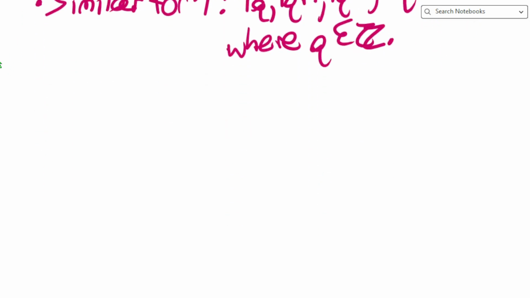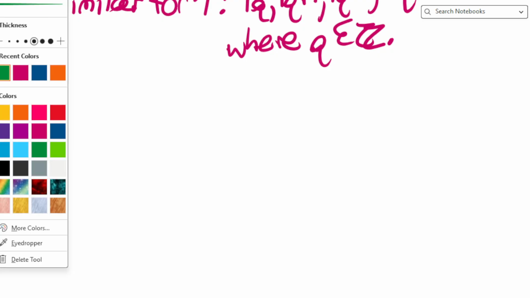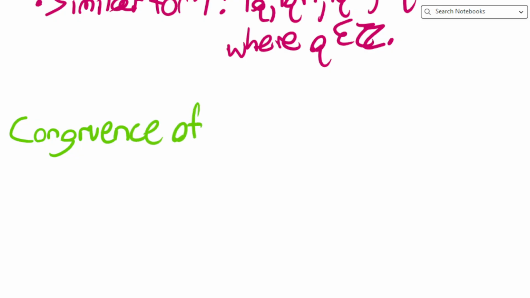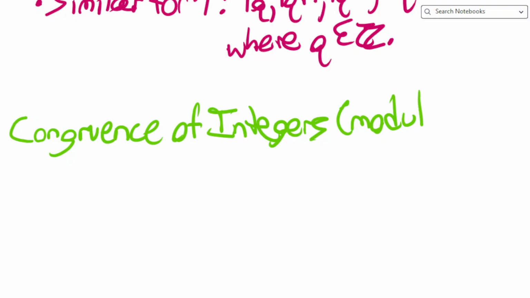All right, so now we will look at congruence of integers, or this might also be known as modulos.